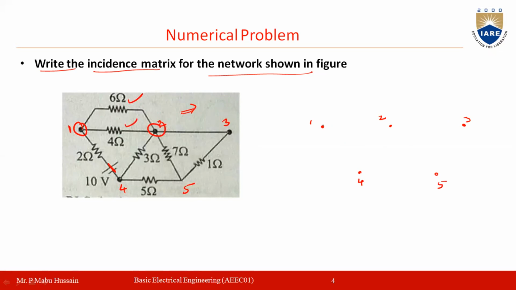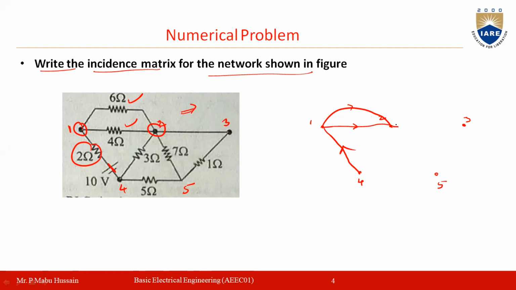So you can represent them as line segments like this. So this is one branch, this is another branch. You can represent the direction as per your wish. Okay. Now between 1 and 4, you have another element. So 1 and 4 is represented with one straight line. The direction will be your wish.